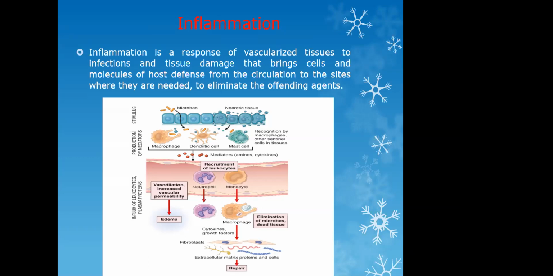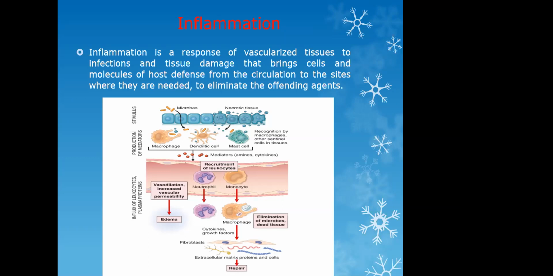These macrophages and dendritic cells engulf the bacteria and then present it to, because Dr. Garvin is going to take your immunology lectures, basically they present that to lymphocytes, the first cells.